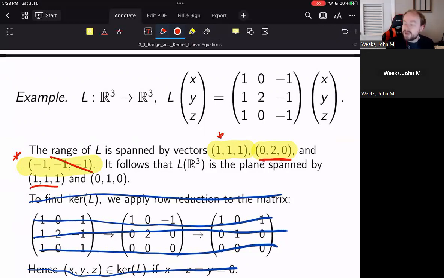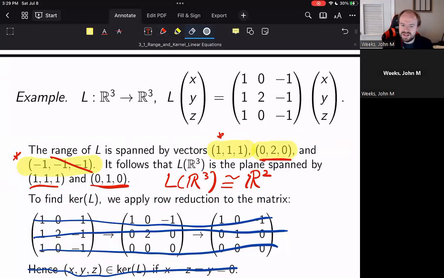I could also scale (0, 2, 0) and just plug in (0, 1, 0). Since these two things are not scalar multiples of each other, this would be a very good basis for the range subspace that it gives me inside of R3. So I know that the range of this, L(R3), looks a little bit like R2, doesn't it? Because we can make the coordinate mapping work for everything to be in terms of R2.